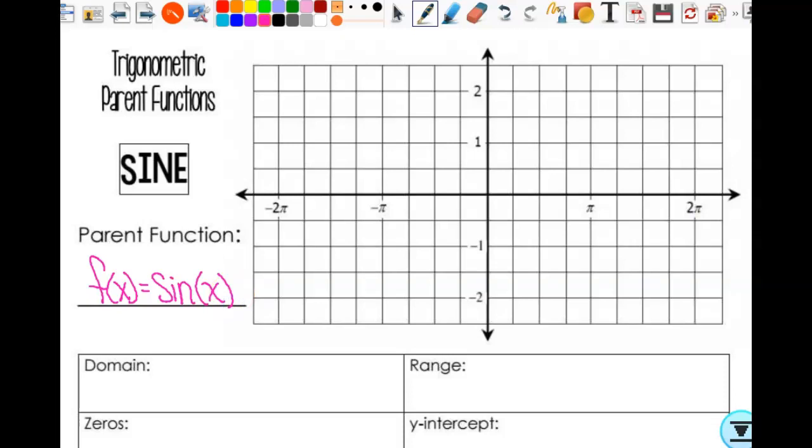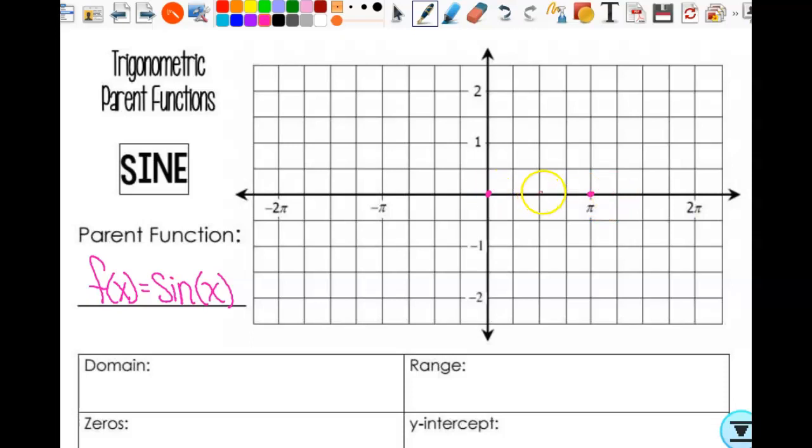So let's think about some of the things we know about sine. What is the sine of 0? 0. Sine of 0 is 0. And when I ask you that, I still kind of expect you to be picturing the unit circle, right? So then what is the sine of pi? You were here, you went over here. It's 0, right? All right, so halfway between 0 and pi is pi halves.